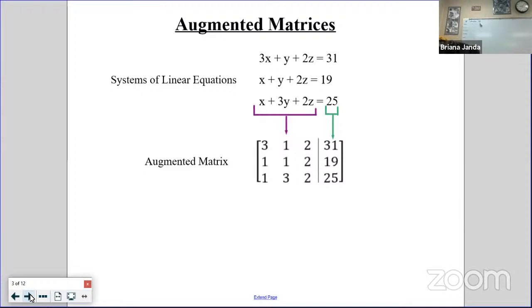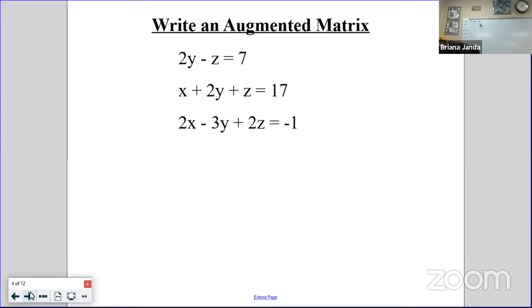So one of the things we're going to do is just be able to take a system of equations and write an augmented matrix, okay? So if I were to hand you this system, how would we create our augmented matrix? Well, one of the things you have to be on the lookout for is missing terms. I gave us one missing term in this example, but as I set this up, we need to be cautious that I don't just start throwing the numbers in there that I see.